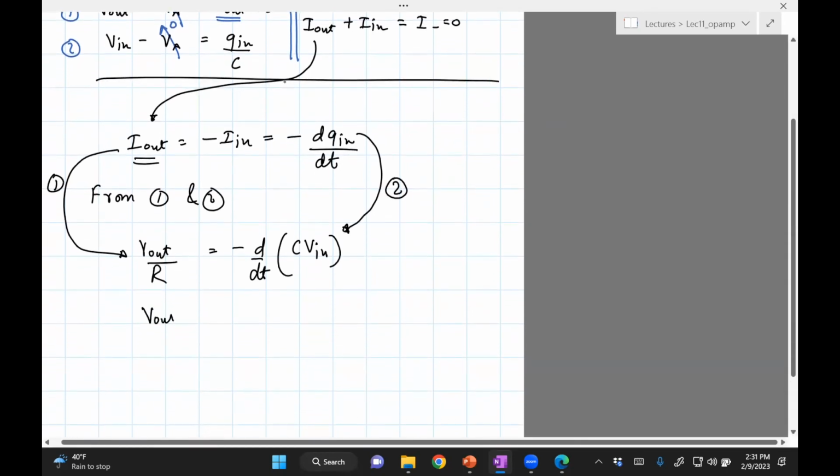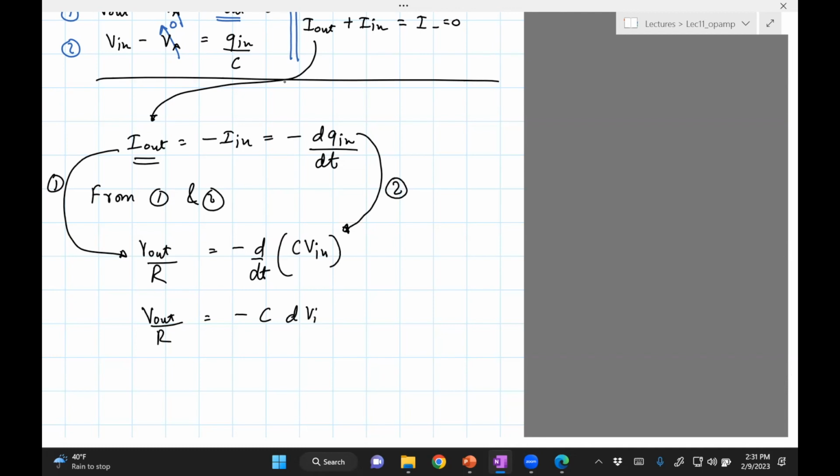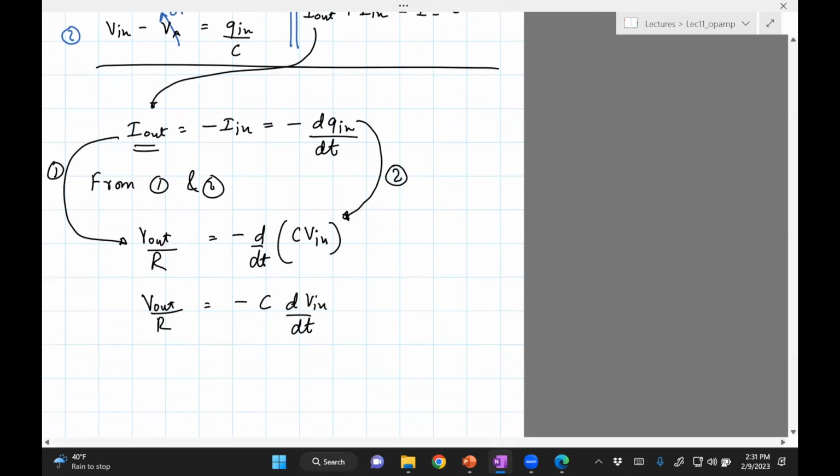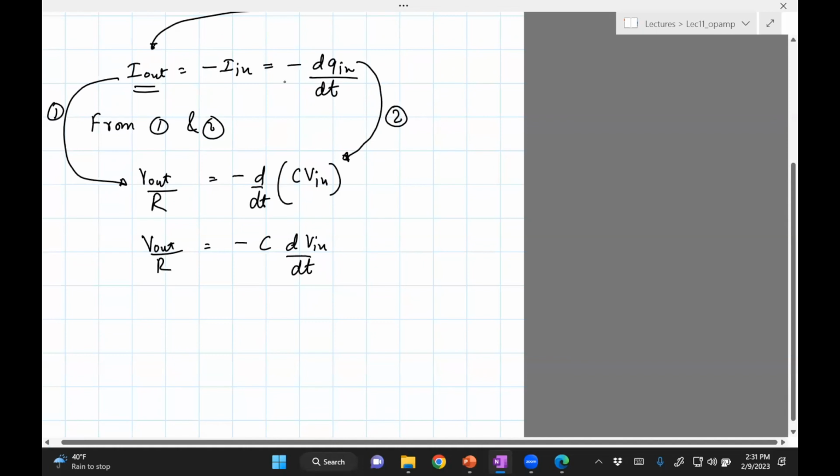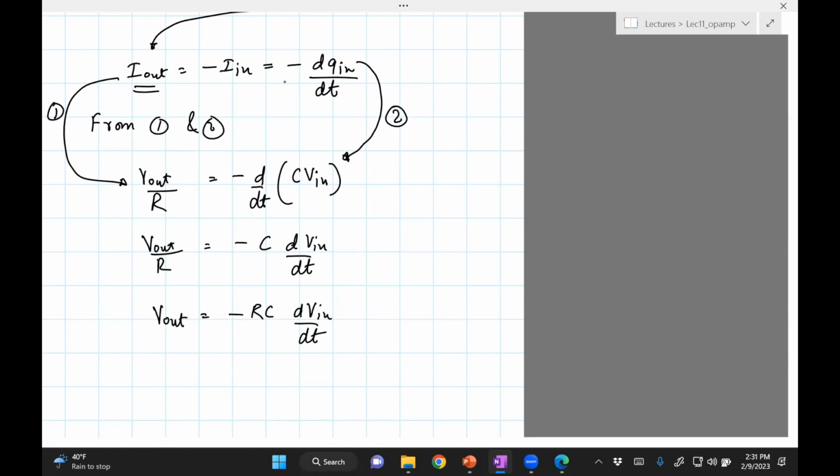So V out divided by R is minus C, the constant, times dV in dt. And so we see that the output voltage is minus RC dV in dt. Okay, so the output voltage is actually a derivative of the input with a negative sign.